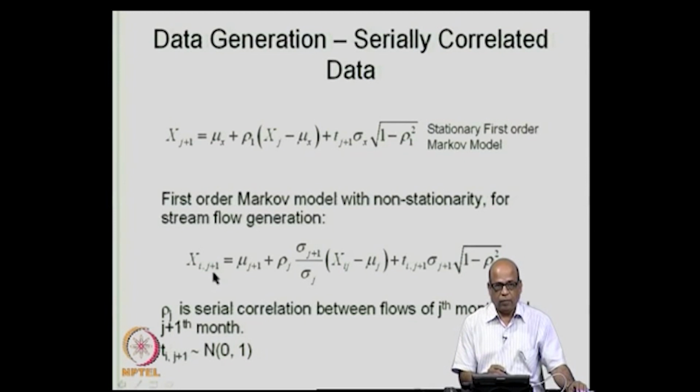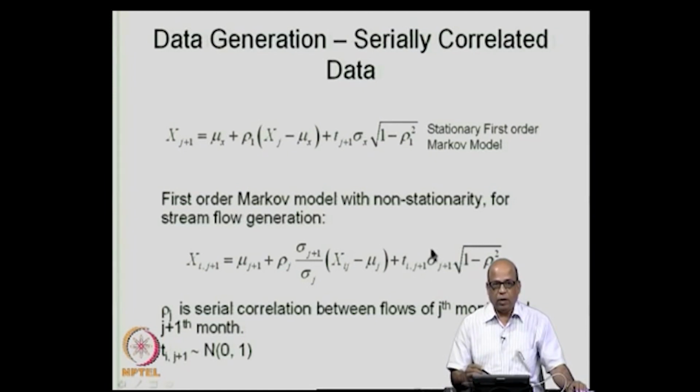Because we are generating for the month j plus 1, rho j will indicate the dependence of j plus 1th month's flow on its previous month's flow. So, rho j indicates the correlation between the flows of month j and the flows of month j plus 1. Similarly, sigma j indicates the standard deviation of the month j.